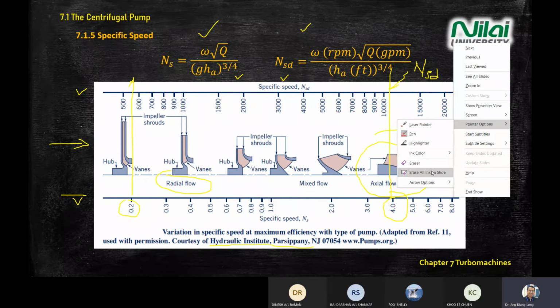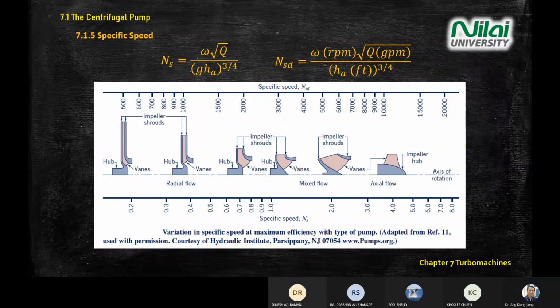Just a test whether you know how to use this graph or not. Just a quick one. This question is for you. If you are calculating your NS, and your NS value is 2.0, what kind of pump are you going to use for your company?